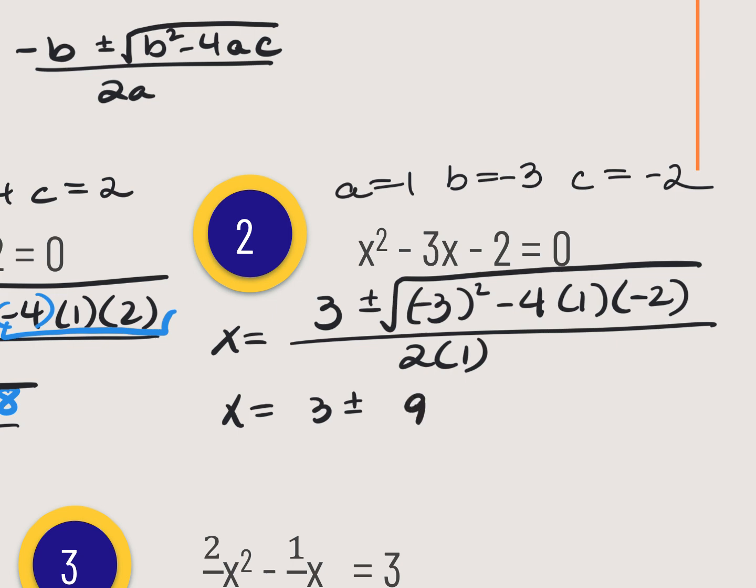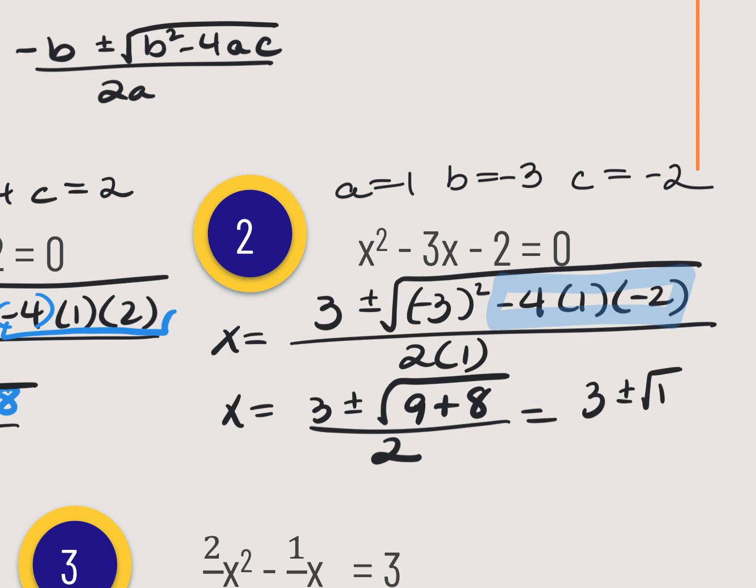And again, I am going to multiply this as a -4 times +1 times -2, which gives me +8, divided by 2. I now need to simplify what's under the radical. So 3 plus or minus the square root of 17 over 2.